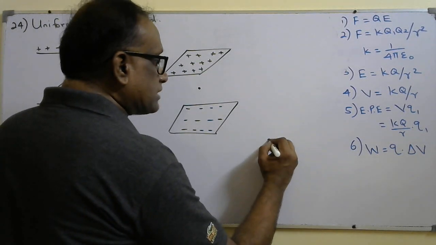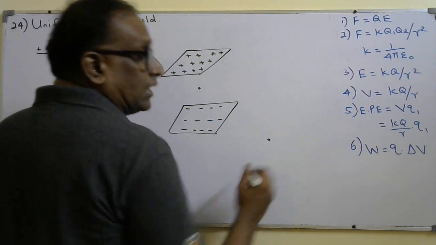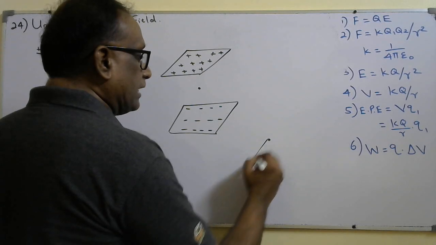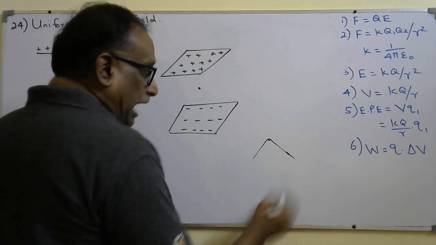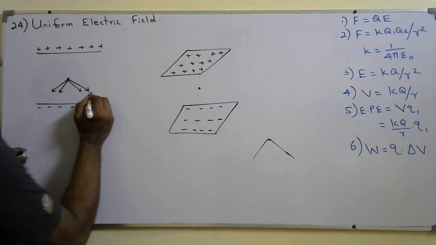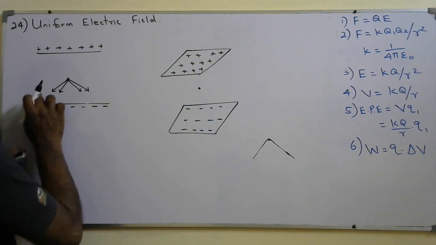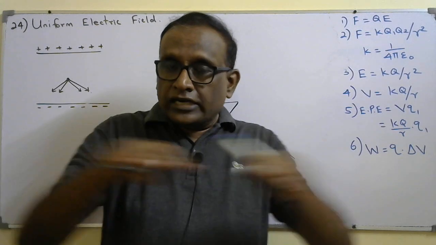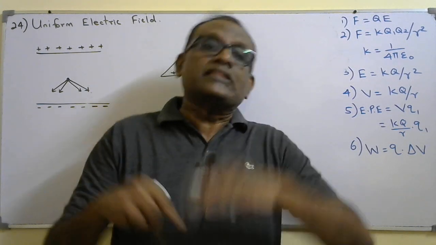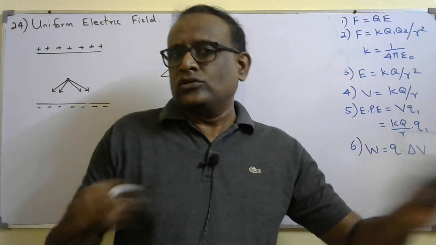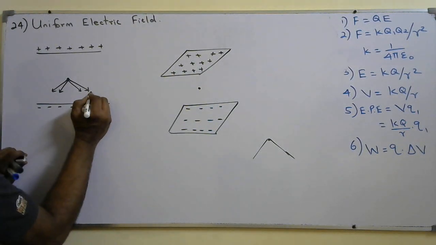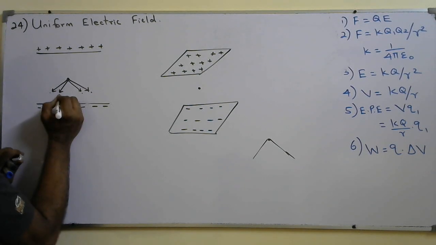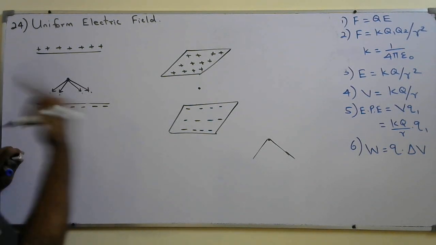Every force has an opposite force of equal magnitude. When you resolve all these forces horizontally, they will cancel with the opposite forces. If I resolve this force horizontally, it will be cancelled by this force due to the symmetrical nature.